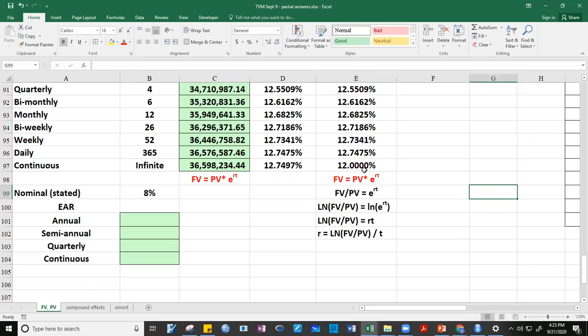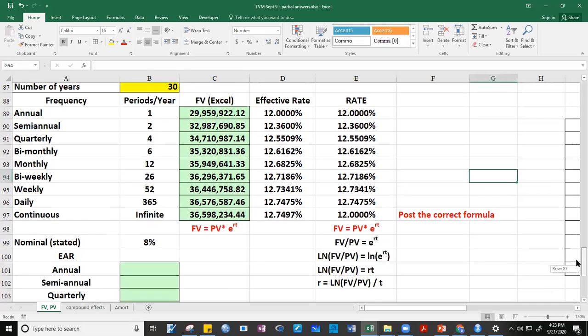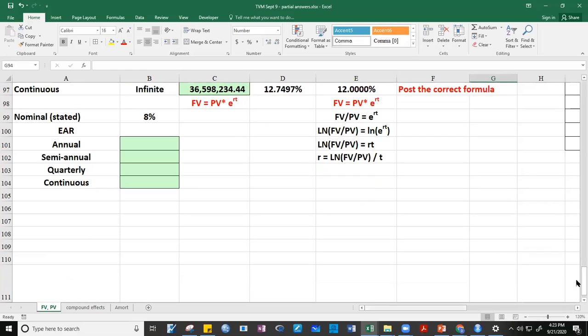Okay, so, lagay ko lang dito, post correct formula. Kulang. So, may mali ako dito sa paggawa dito. Okay, sige. Alright. So, ito parang pareho lang din, no? Kunyari, yung EAR natin, ang nominal 8%.